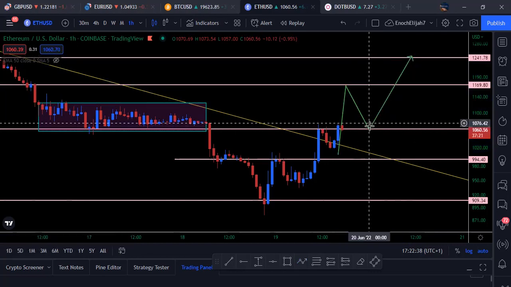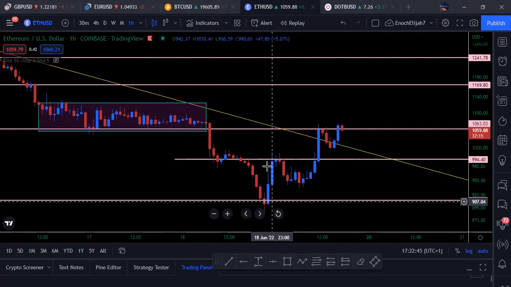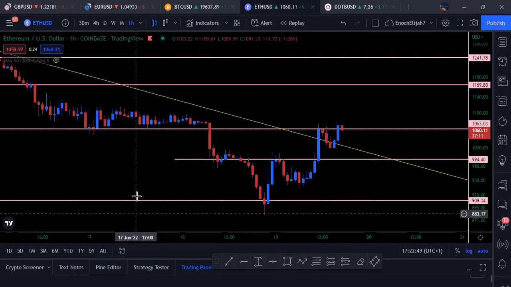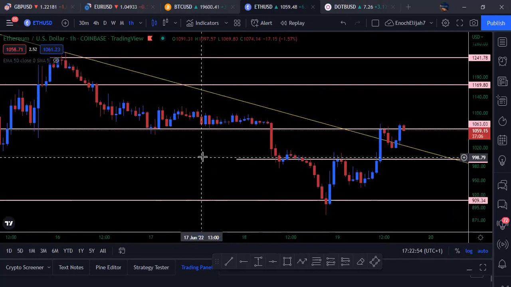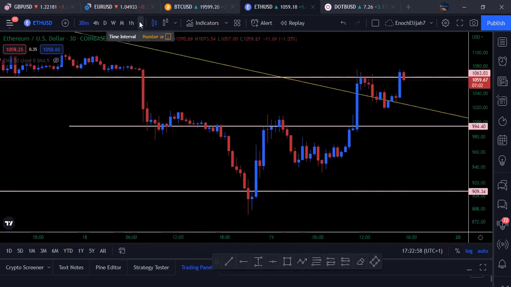So that's Ethereum. Now, some people took this trade, because on a lower time frame, like the 15-minute time frame, there are other opportunities. Let's go to it. On the 30-minute time frame, you can see.